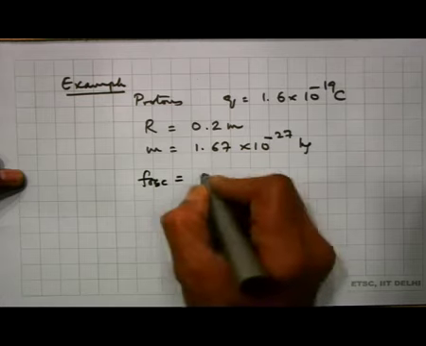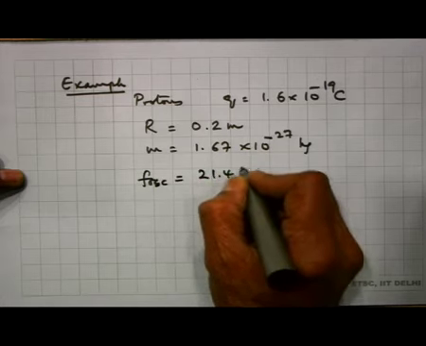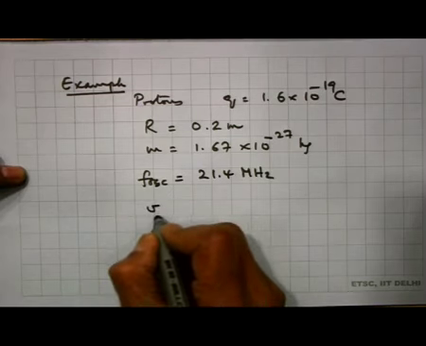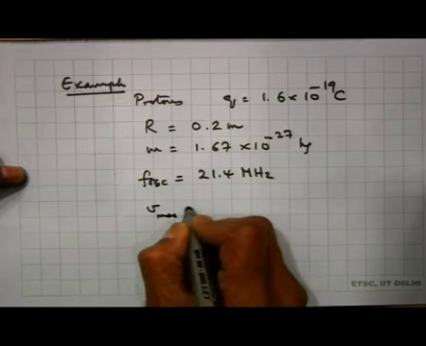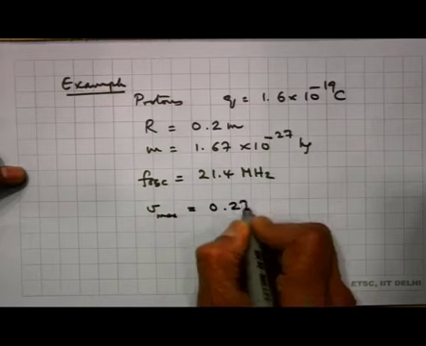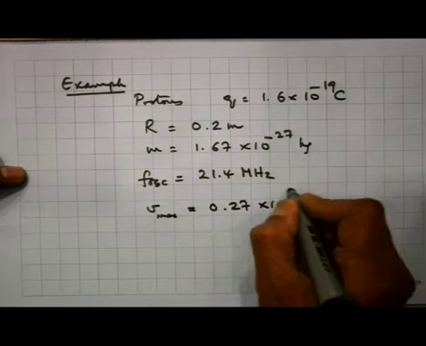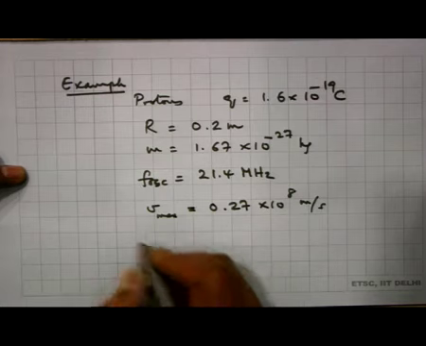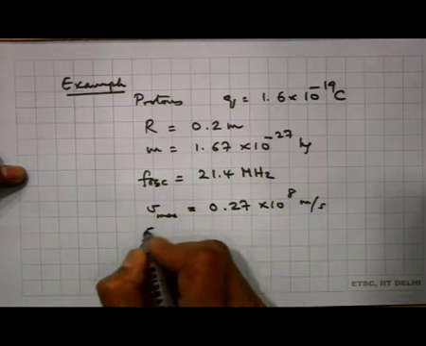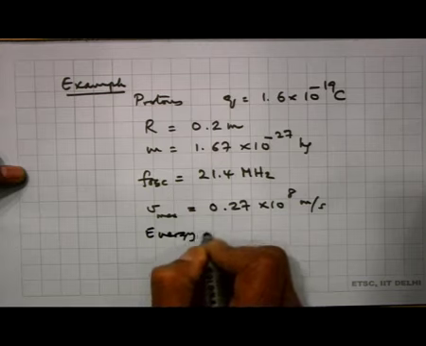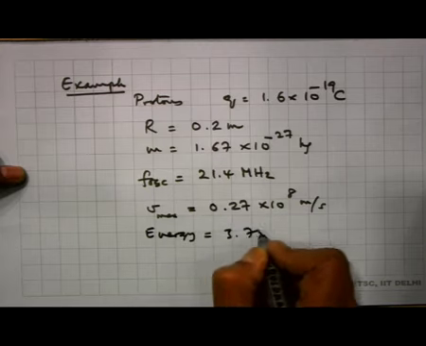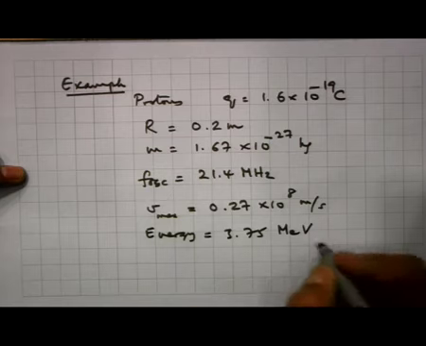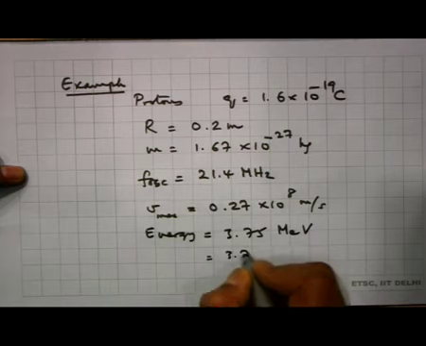The oscillation frequency is 21.4 megahertz. You can calculate. The maximum velocity comes out to be 0.27 times 10 to the power 8 meters per second. It is still about 1/10 the velocity of light. The maximum energy is equal to 3.75 million electron volts.